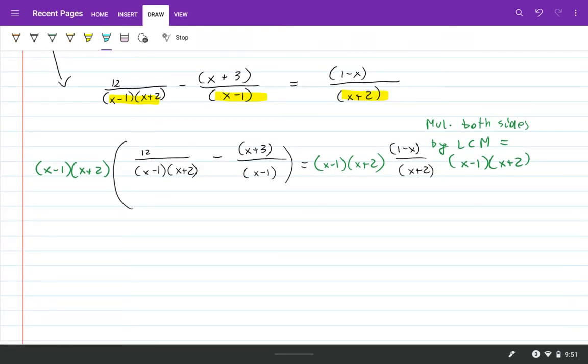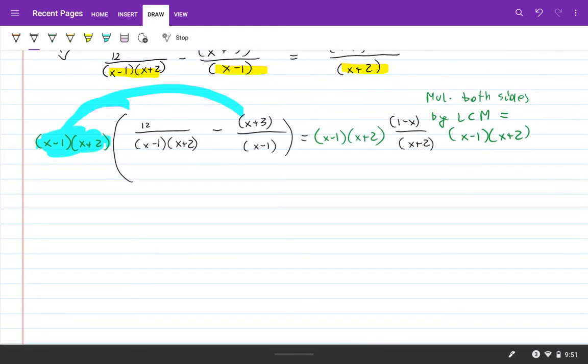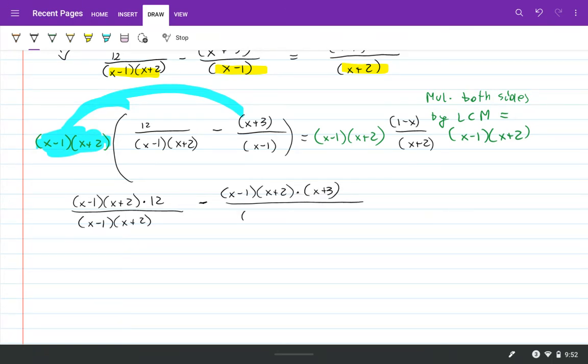So now we're going to distribute. So you treat that as a whole expression. We're going to distribute that way. So think about this as a number multiplied by fraction. You only multiply numerators. So we'll end up with x minus 1 times x plus 2 times 12 divided by x minus 1 times x plus 2, minus, and I have x minus 1 times x plus 2 times x plus 3 divided by x minus 1.